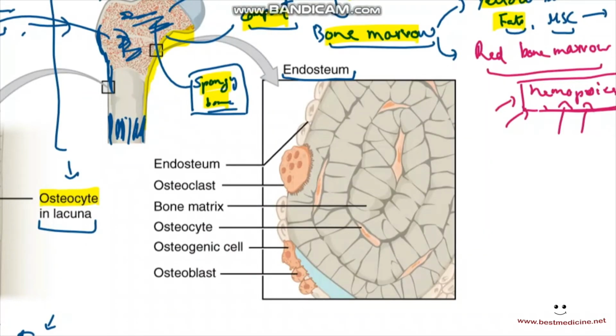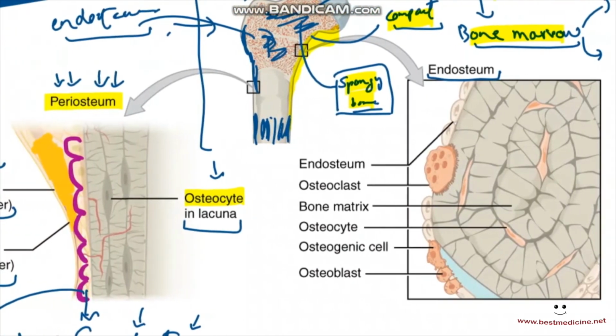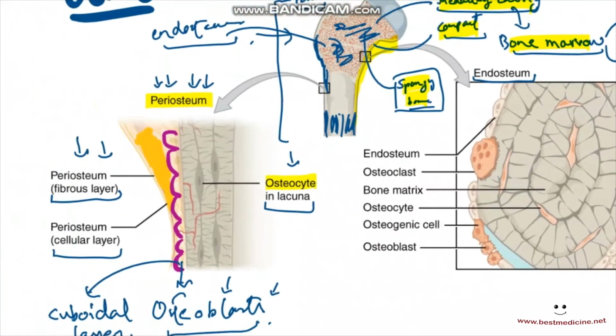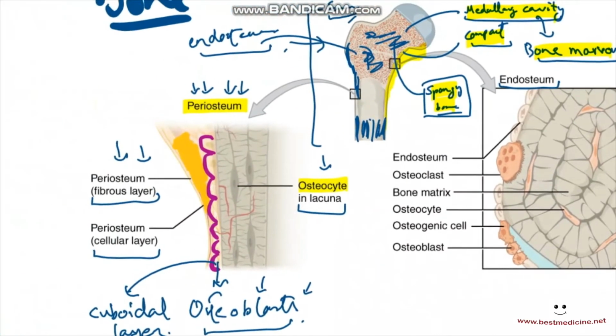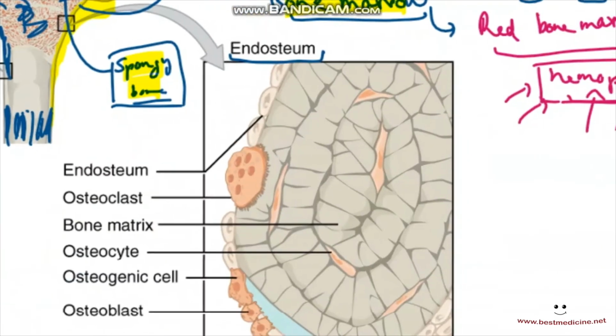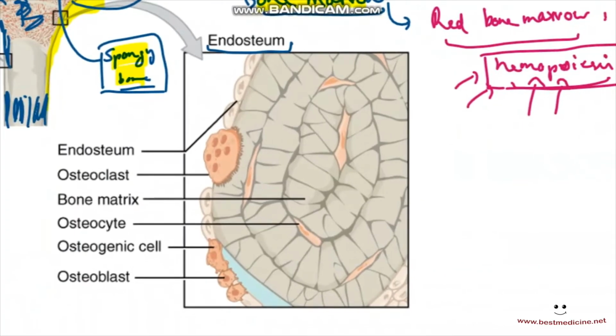The difference is that endosteum only has one layer, while periosteum had two layers, a fibrous layer and a cellular layer. The cells of both periosteum and endosteum are the same. They contain the osteoblasts that we went over just now.